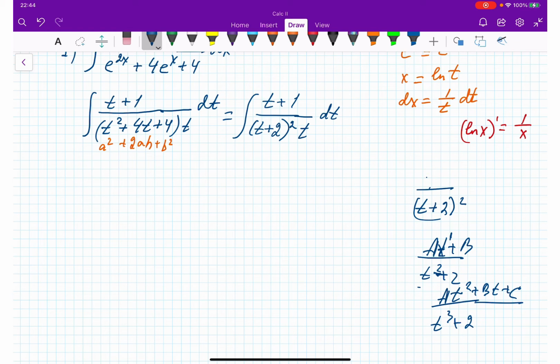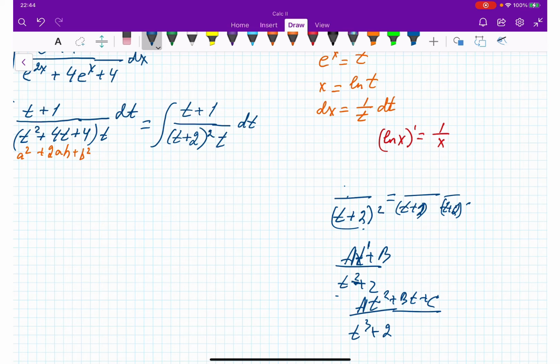But because I have t plus 2 squared, I can rewrite it. It's either t plus 2 or t plus 2 squared. Correct?